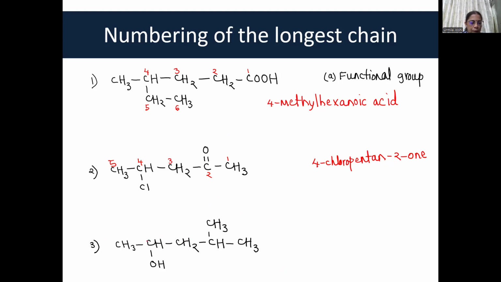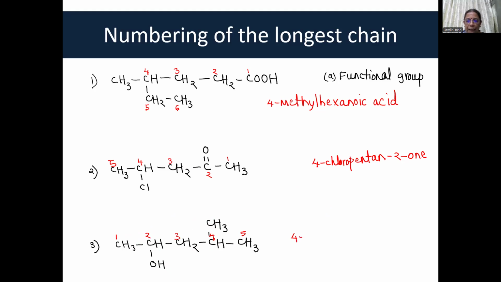Okay. Now, this is alcohol. The major functional group is alcohol. The numbering cannot start from this end because then the major functional group doesn't get the lowest possible number. So, numbering starts from here. 1, 2, 3, 4, and 5. At 4 position, there is a substituent. What is that substituent?